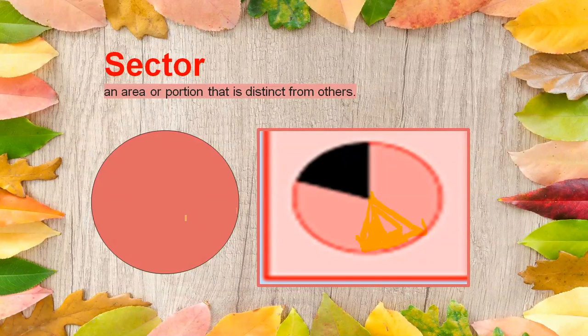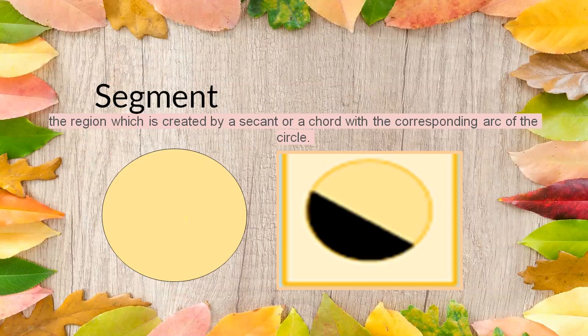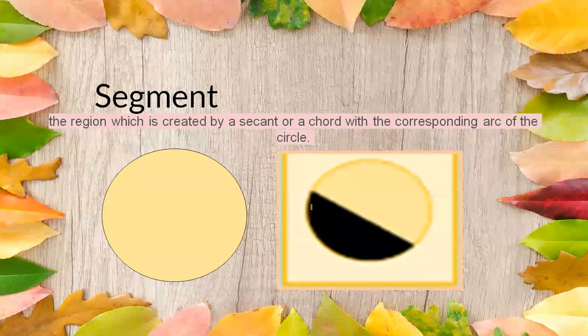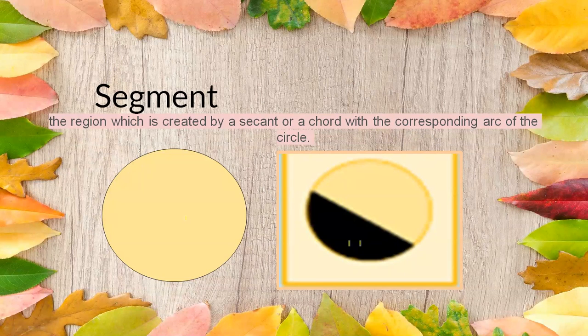These are the different parts of a circle. So let's move on towards the segment. A segment is again like a sector. No, it's not like a sector. Yes, it's a region, it's a portion. But how is it created? The region which is created by a secant or chord.